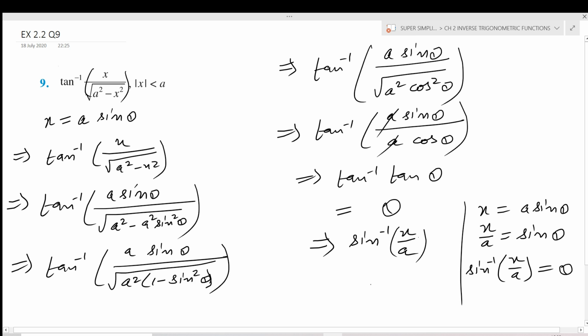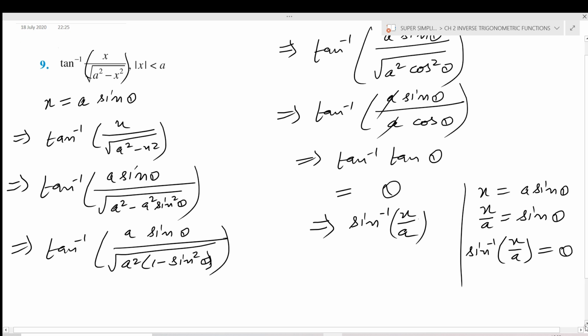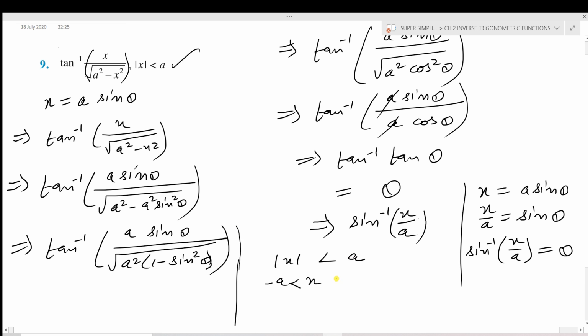So now I have to check whether this x upon a lies in the domain of the sine inverse function. As you know, it is given to you that mod x is less than a. That means x is greater than minus a and less than plus a. So dividing the whole inequality by a, what do we get? Minus 1 is less than x by a less than 1.